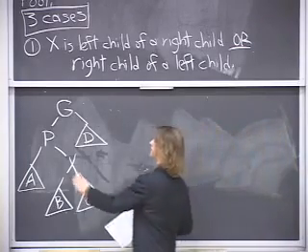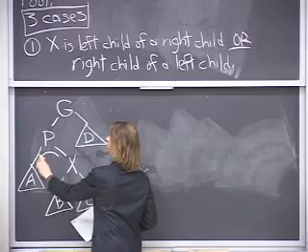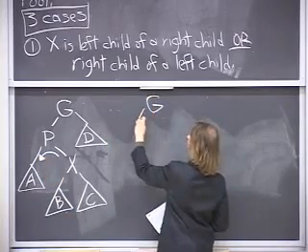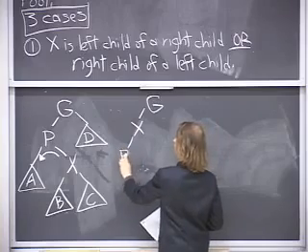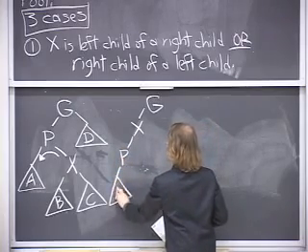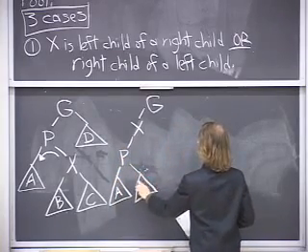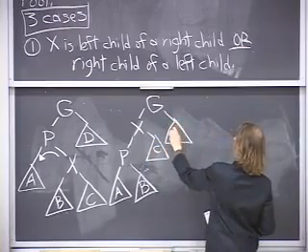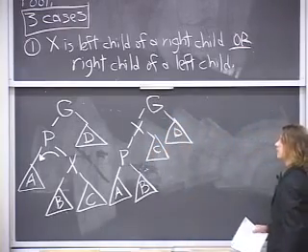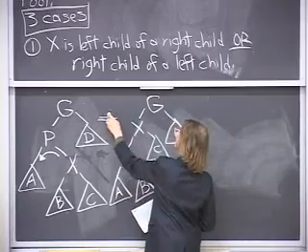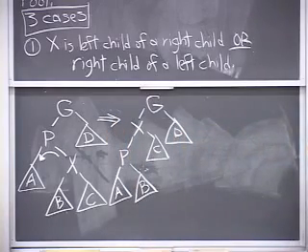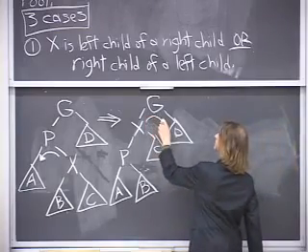First, we rotate x up through its parent. And that brings us to this case. So that's step number 1. And then we just do it again, except this time we're rotating x up through what used to be its grandparent.